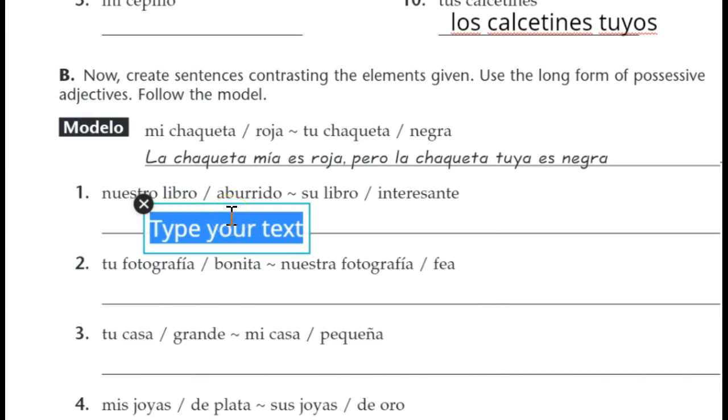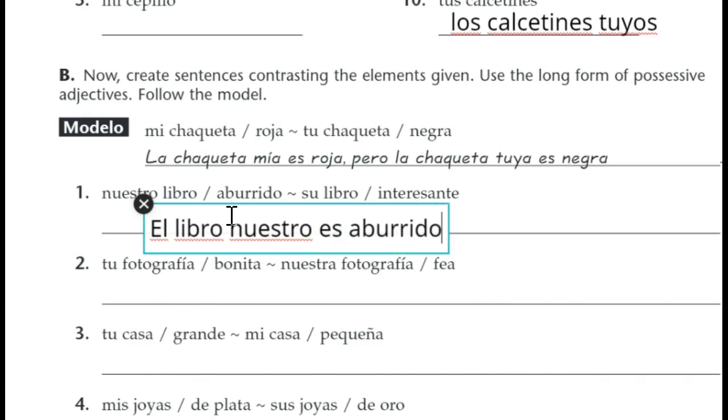It's perfectly acceptable. So, el libro nuestro. Remember, always make sure you change into the long form. The trick is to put the noun first. El libro. Make sure you put the article in there. El libro nuestro es aburrido. Right? Our book is boring, but your book is interesting. Pero el suyo.